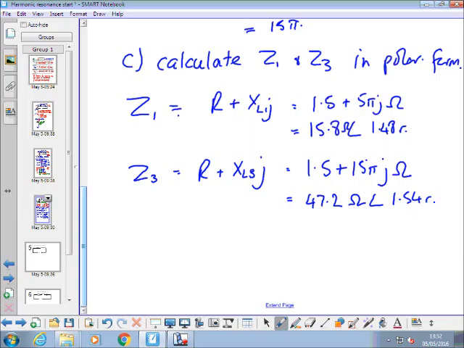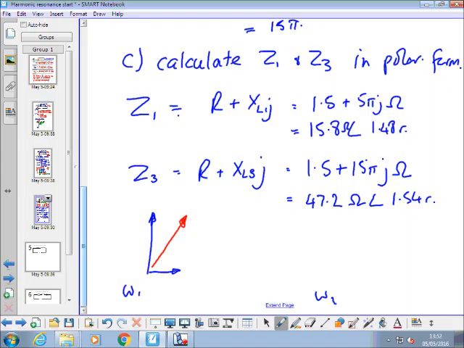Yes, because you think of the diagram, where we've only got an XL and an R. This is the diagram for omega 1, with XL up there and R in there, and there's our impedance.